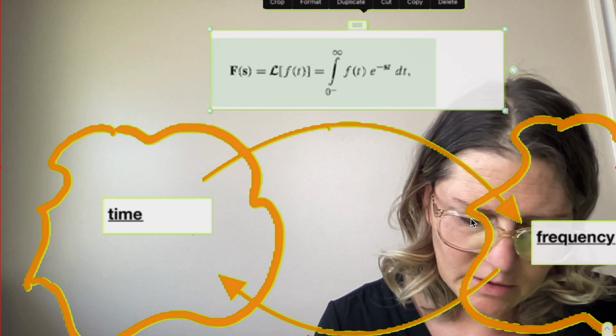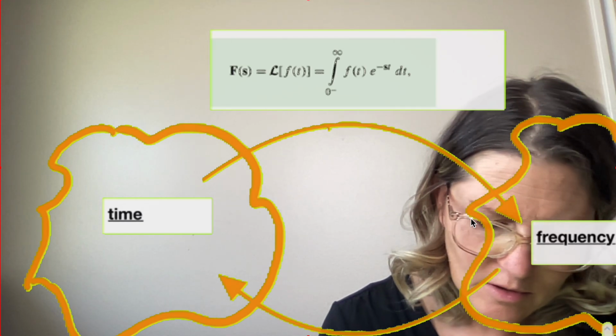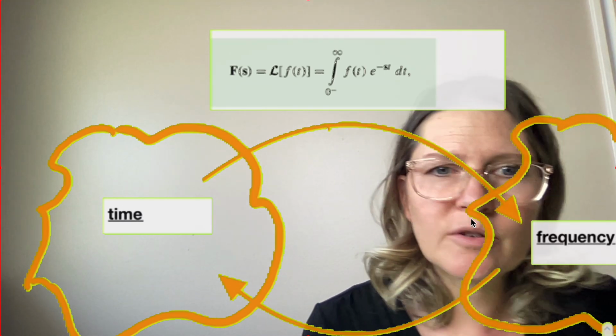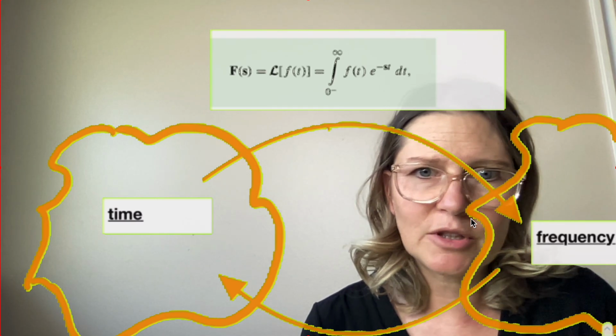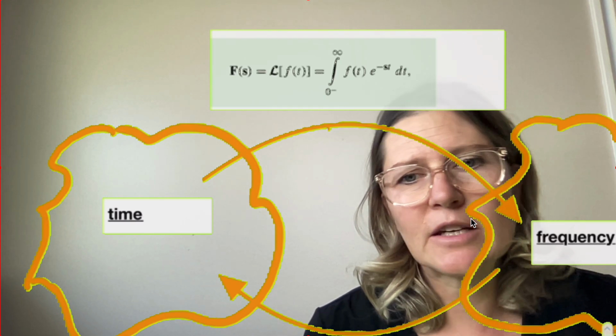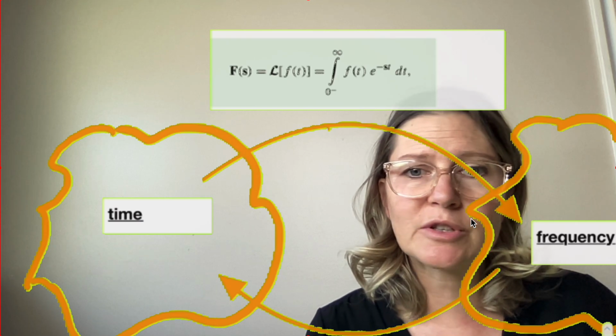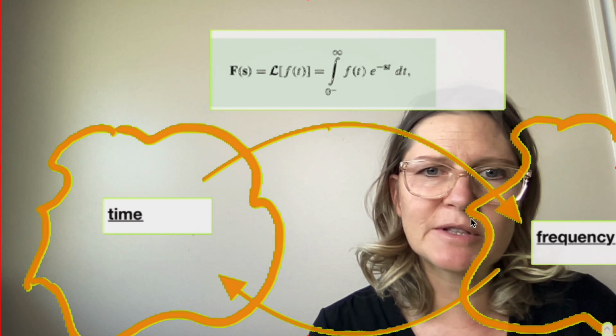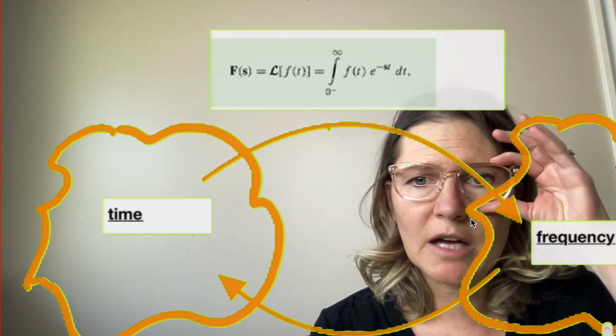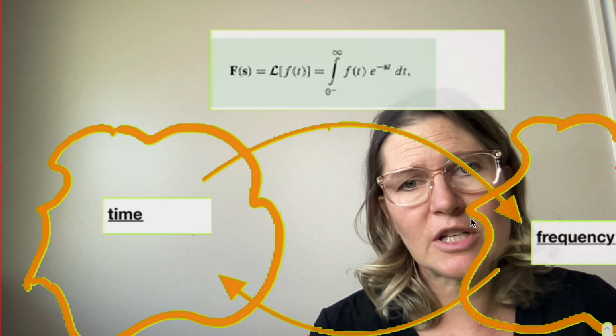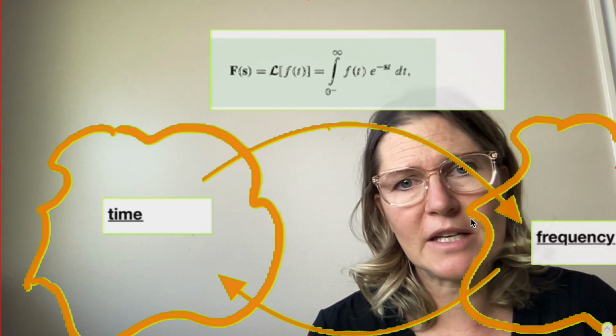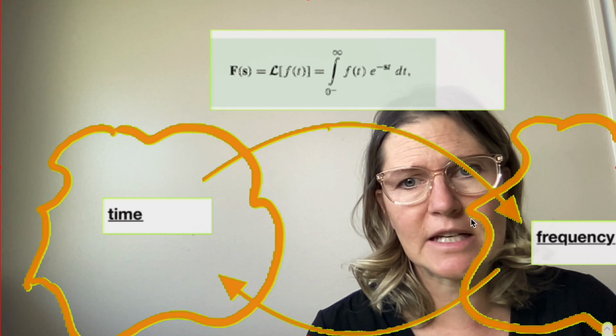And so in the Laplace, the notation of that is curly L, and it's the integration from 0 minus, which is right before an event happens, to infinity. And you would take the function in the time domain multiplied by e to the minus st dt and integrate that.